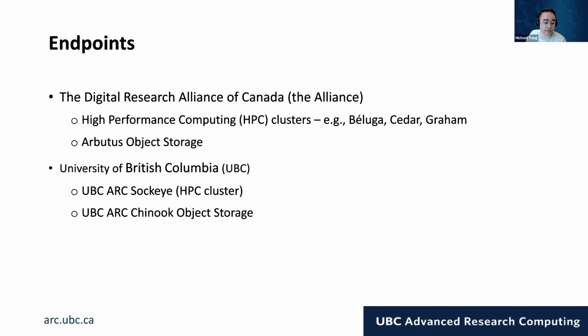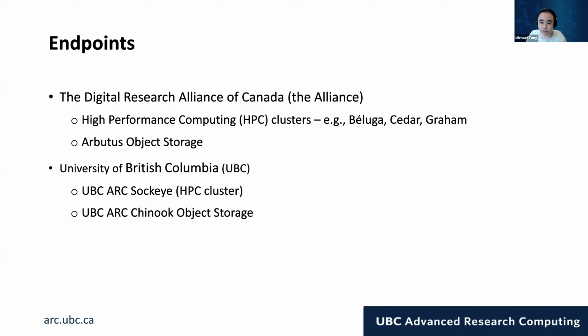The Digital Research Alliance of Canada has endpoints, as a source or destination of these data transfers, at all of their high performance computing clusters, such as Beluga, Cedar, and Graham. And as of the last couple months, it's also available for the Arbutus Cloud object storage, which is the community cloud platform of the Digital Research Alliance of Canada. You can also transfer data back and forth from the Arbutus object storage.